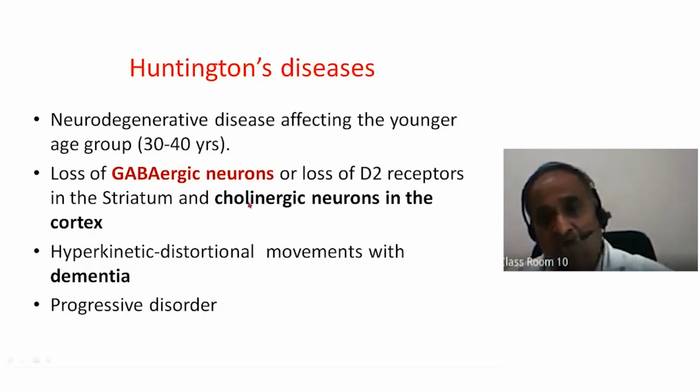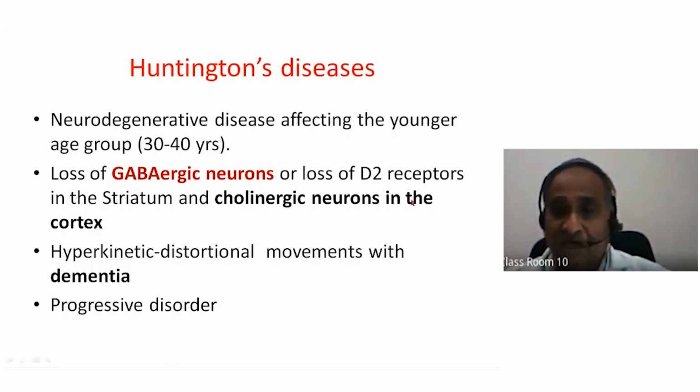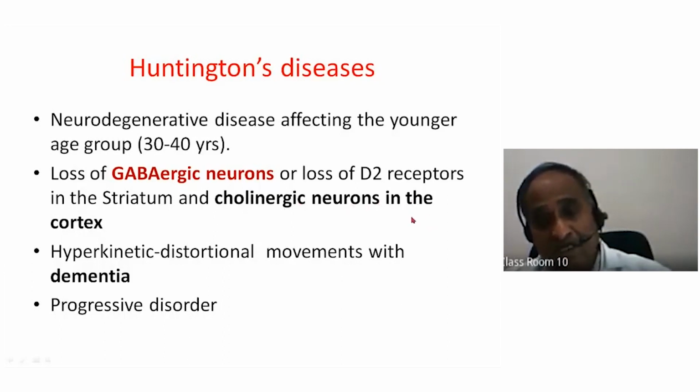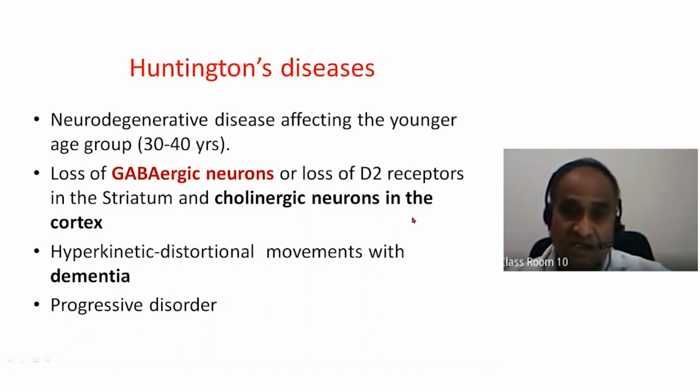And also in the later stages, loss of cholinergic neurons in the neocortex, especially the prefrontal area and other areas of the cortex, where it involves learning and memory.